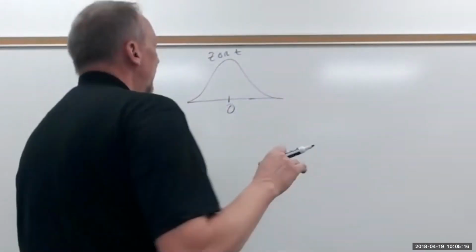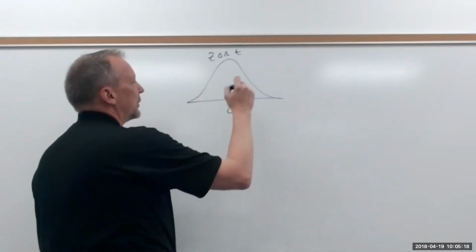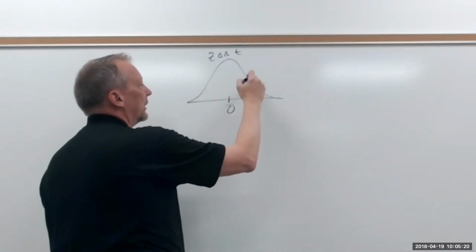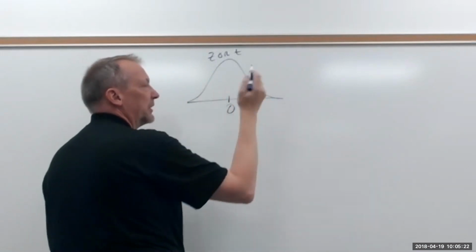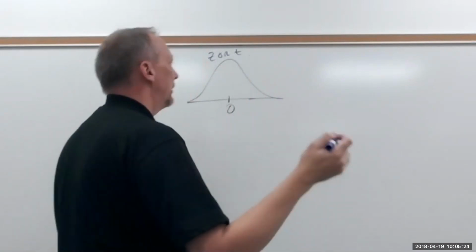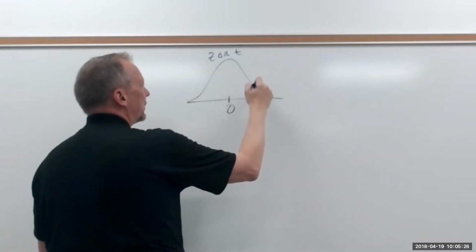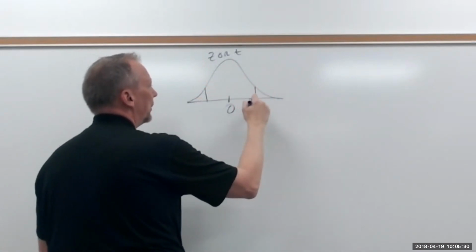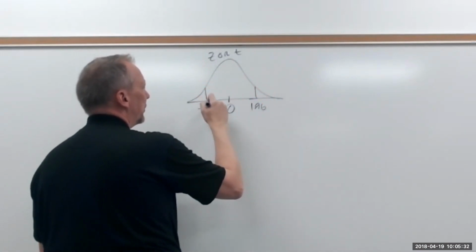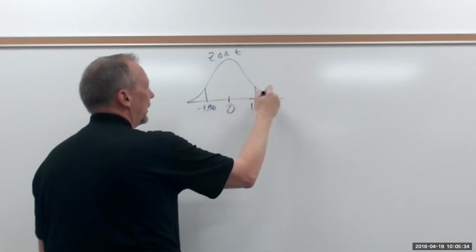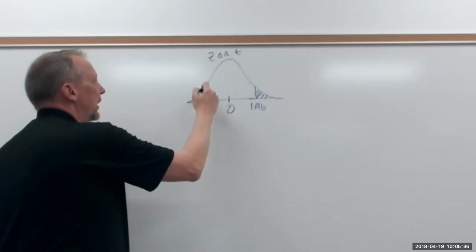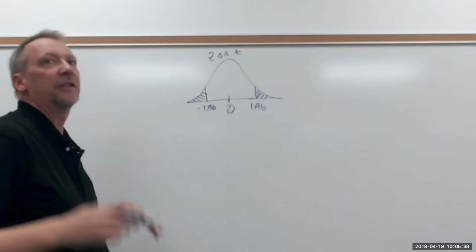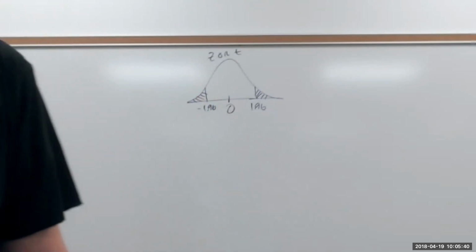But conceptually, in some ways, it can make a lot of sense. So if I'm using either a z or a t-table, let's use z because I do know that one. If we go out 2 standard deviations, or 1.96, what is the area in the two tails for the z-table?